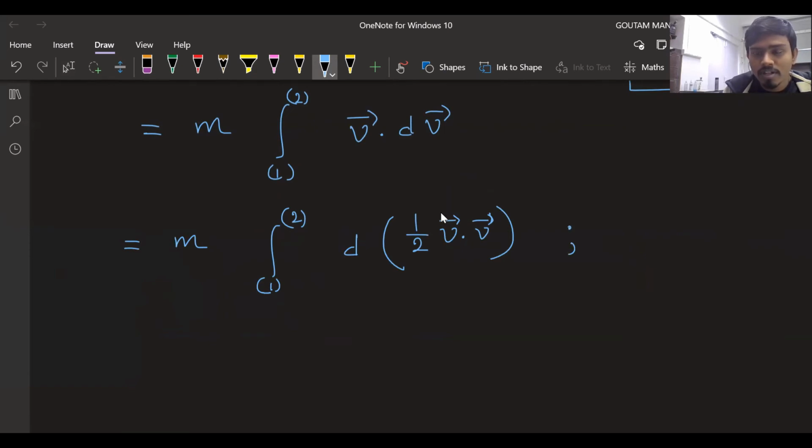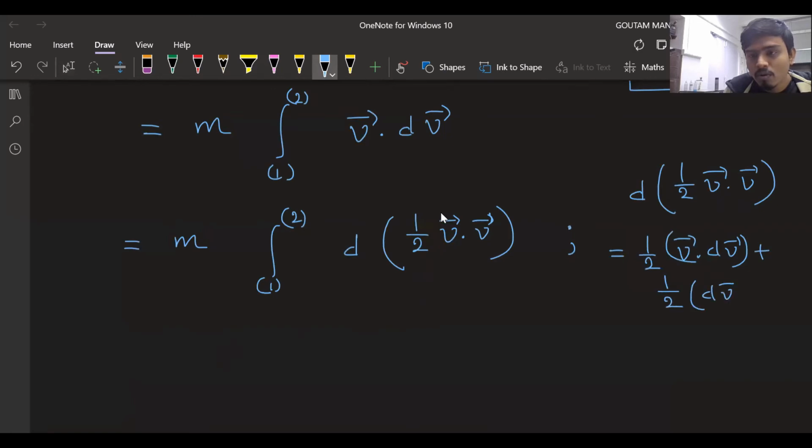You can check that: d of (1/2 v dot v) equals 1/2 v dot dv plus 1/2 dv dot v. Now the dot product commutes, so dv dot v is the same as v dot dv. So half of that plus half of that gives v dot dv.